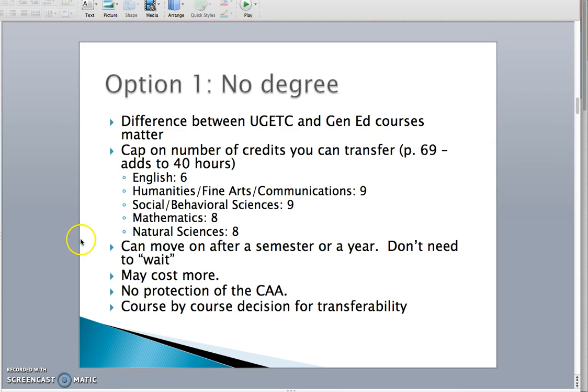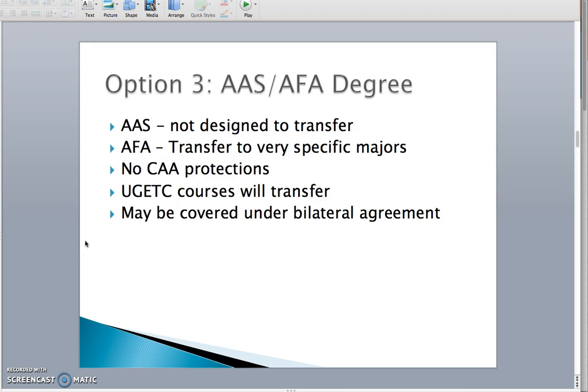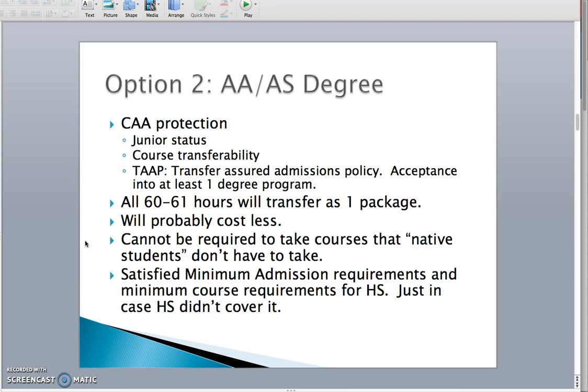All right, so the second option is to complete your AA or AS degree. In that, you get the protection, you get that guaranteed course transferability, you get junior status. There's also that transfer assured admissions policy. What's also nice is that all 60 to 61 hours are going to transfer as one large package instead of it being taken on a course by course basis.